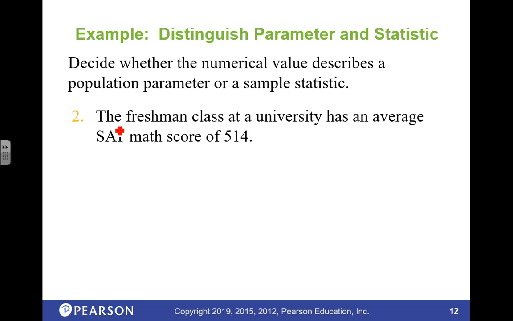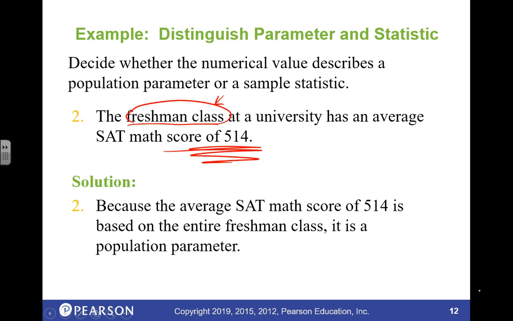Now, the second example: the freshman class at a university has an average SAT math score of 514. Notice it says the freshman class, meaning everyone in that freshman class, not just a subset of that freshman class, but every one of them. So here's a calculation done from data that comes from every student in that freshman class.